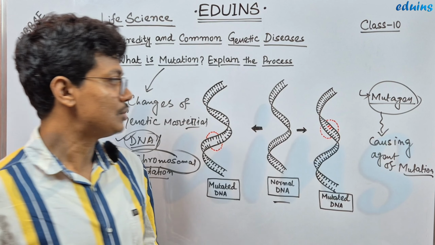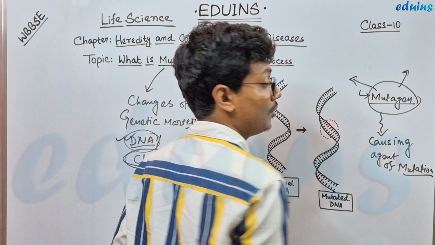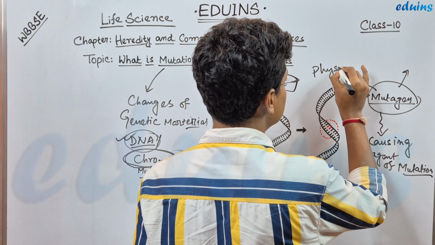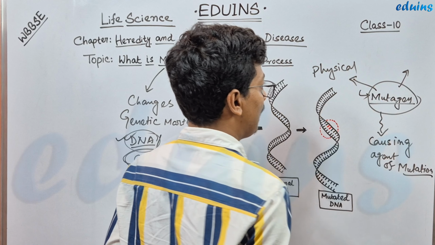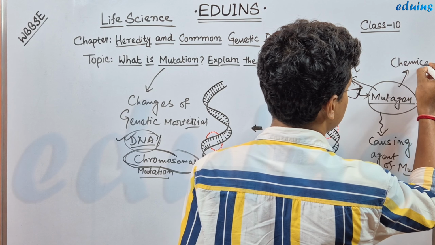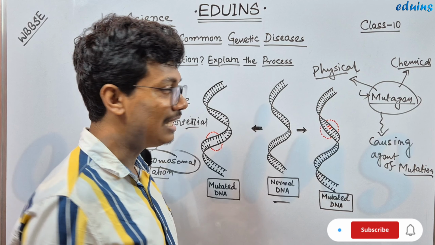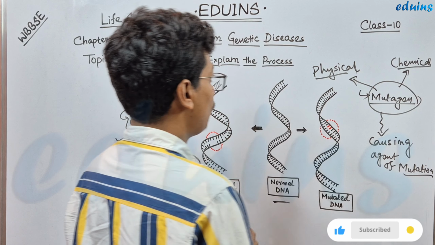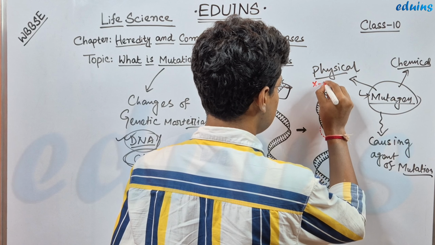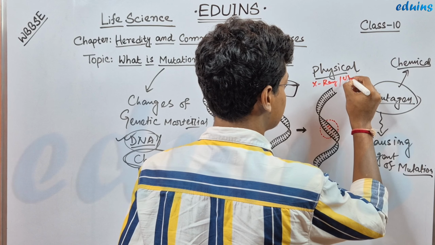So these mutagens are basically of two types. What are they? One of them is the physical mutagen and another one is the chemical mutagen. Physical mutagens are like X-ray or UV ray.